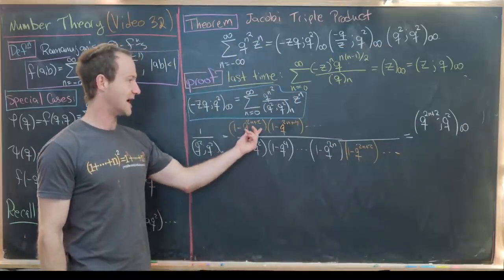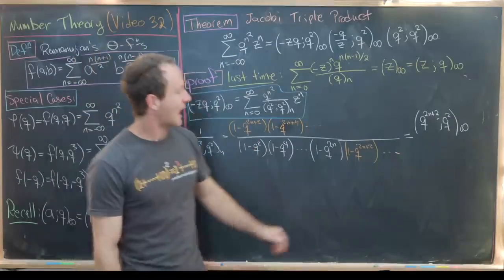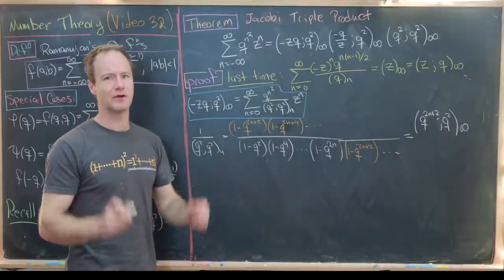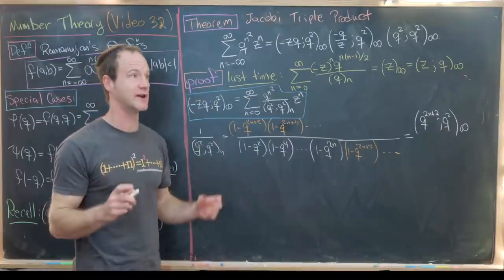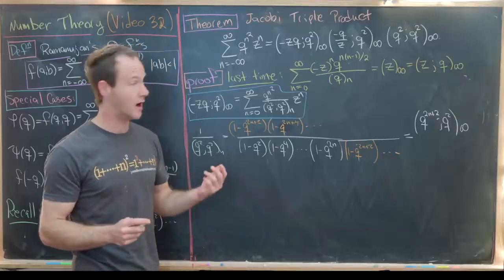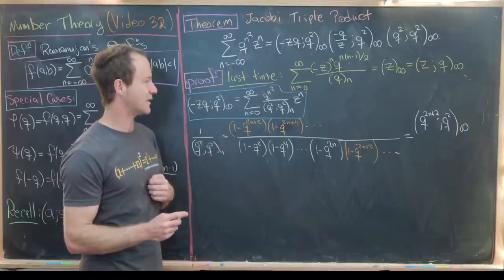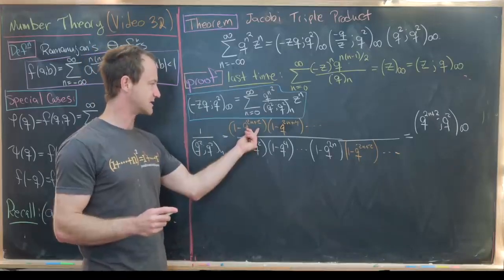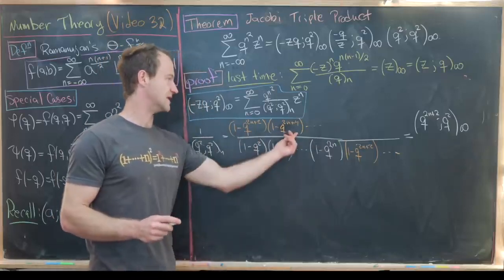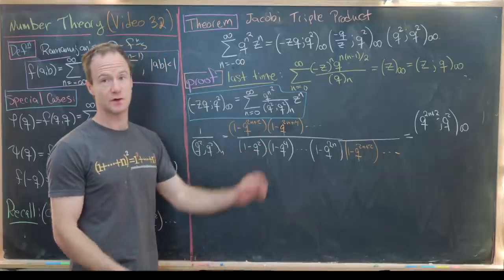We have 1 minus that. And then this q squared, which is the thing on the right, that's kind of like our common ratio, but it's like our common ratio for this product instead of like a geometric sum. So that's exactly what we have going on here. Notice we multiply this by q squared, we get this guy right here. The next term will be, again, this multiplied by q squared, and so on and so forth.